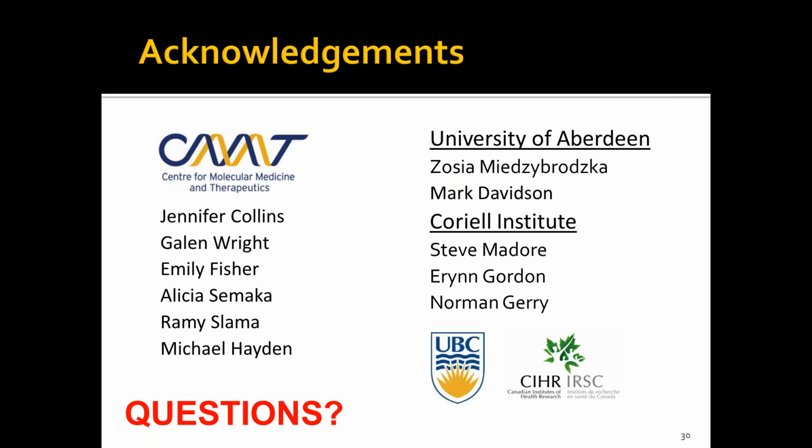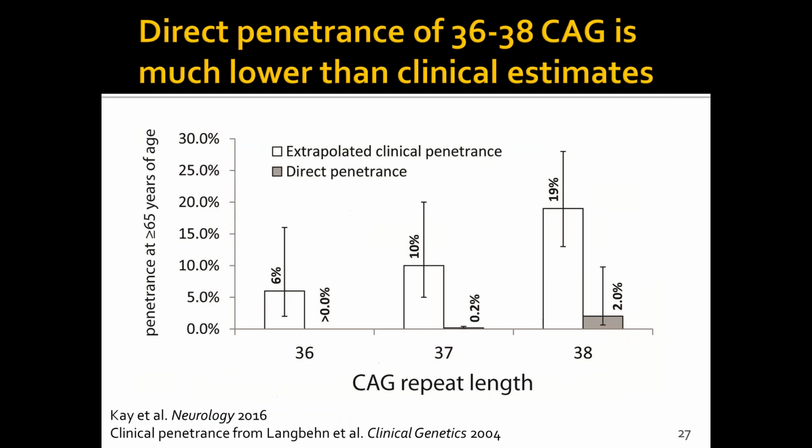Question was asking you to revisit the discussion of prevalence and penetrance for folks with 39 repeats. I know that you didn't find anyone in your 77 plus thousand folks with 39 CAG. Right. So let me just go back briefly to this penetrance estimate figure.